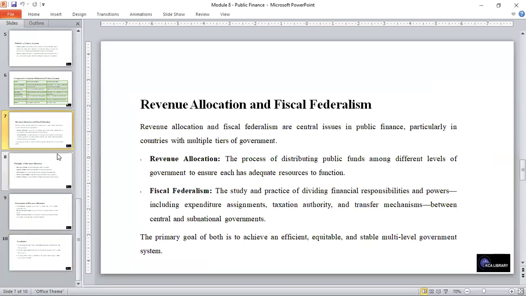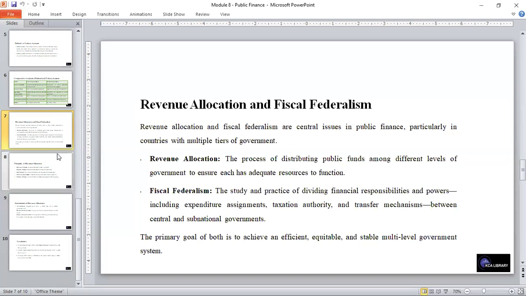Moving to the aspect of revenue allocation and fiscal federalism, what do we understand by these terms? Revenue allocation and fiscal federalism are central issues in public finance, particularly in countries with multiple tiers of government. Revenue allocation is the process of distributing public funds among different levels of government to ensure each has adequate resources to function.